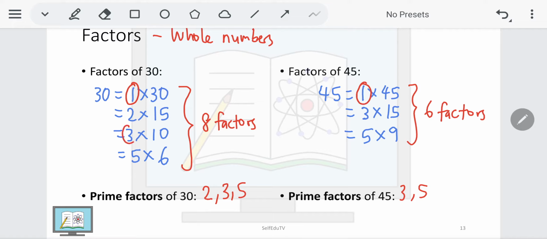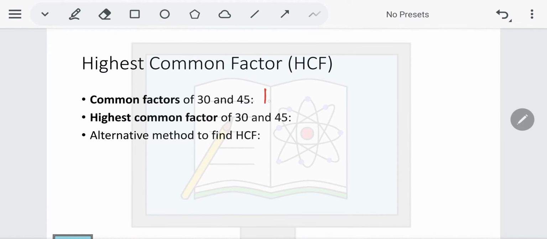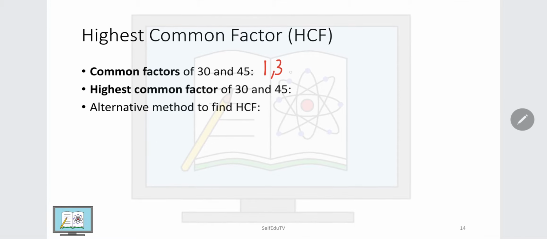Next will be 3, 5, 15. So 4 common factors: 1, 3, 5, and 15. The highest common factor will be the highest one, which is 15.